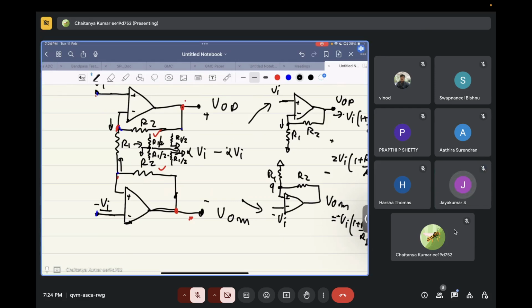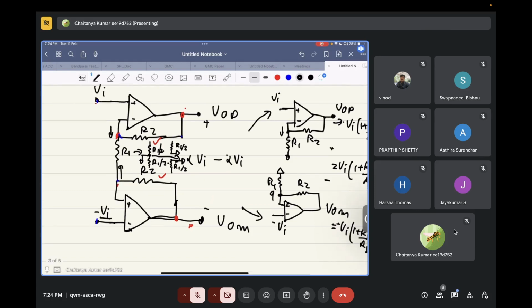So the pointer you can take from this is, whenever the circuit is symmetric and a differential signal riding on common mode is given to those circuits, then for analyzing the differential circuits, look at what is along the axis of symmetry.